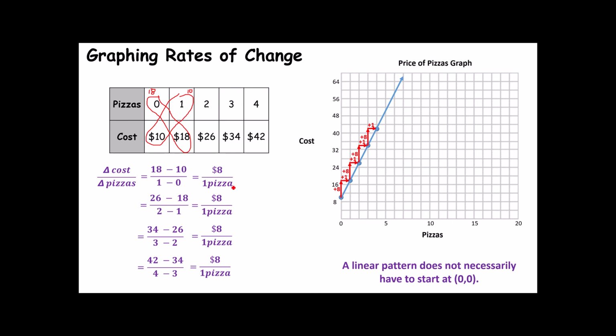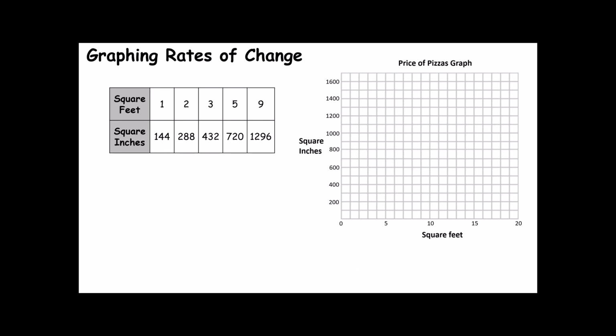Now, in a separate lesson, we'll talk about what it means to be proportional in a graphical sense, but for now, just know that proportions will always be linear, but just because something's linear does not mean it is also a proportion.